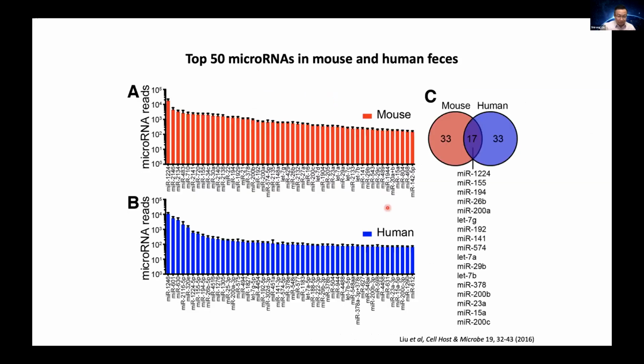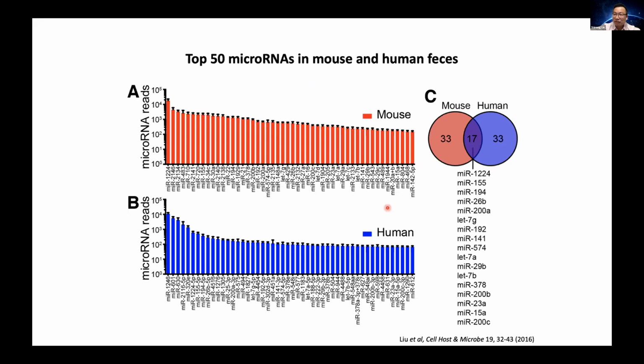So we found something interesting when we looked at the gut. When I joined the lab of Dr. Weiner, his group was working on circulating microRNA. My colleague was looking at the microRNAs in the blood, so I joined the lab to work on the microbiome.